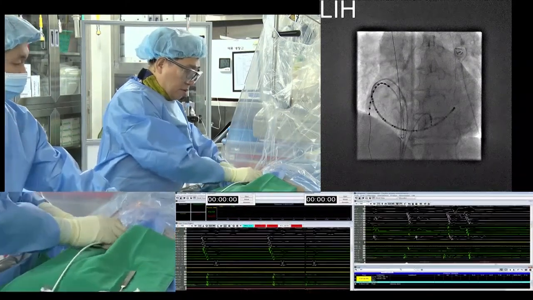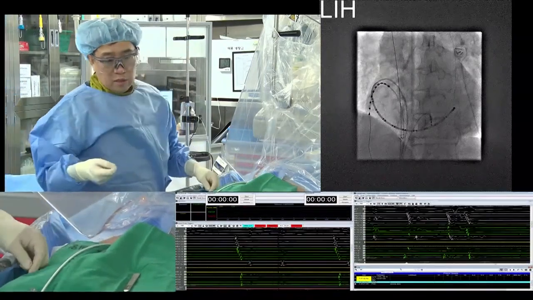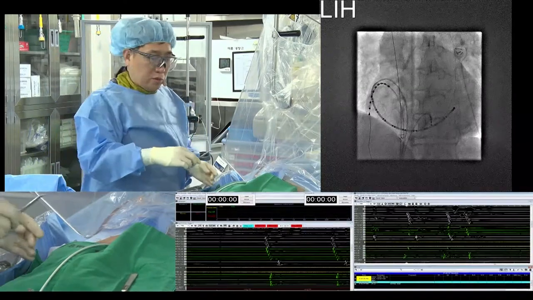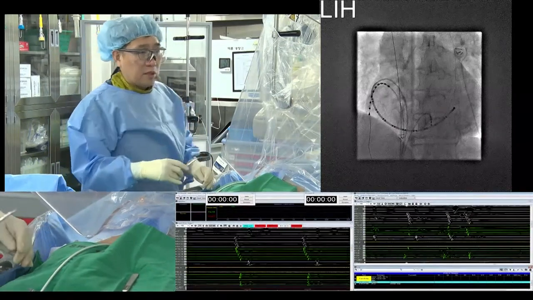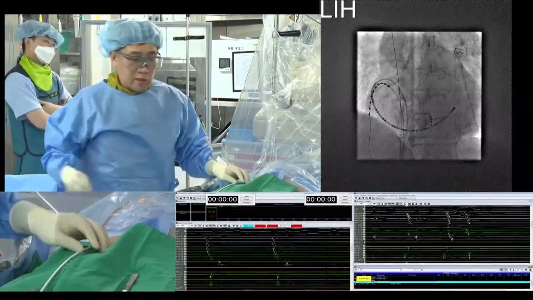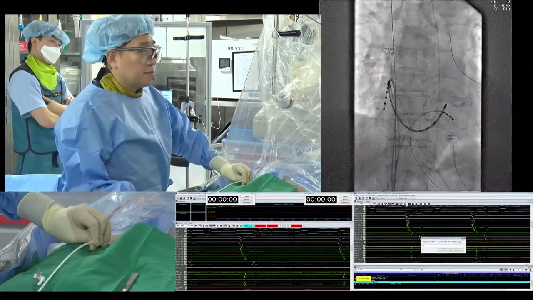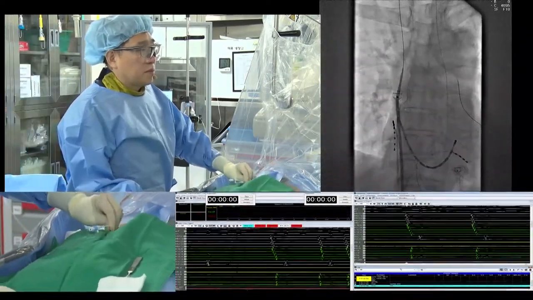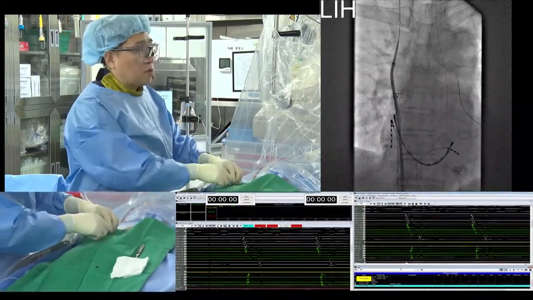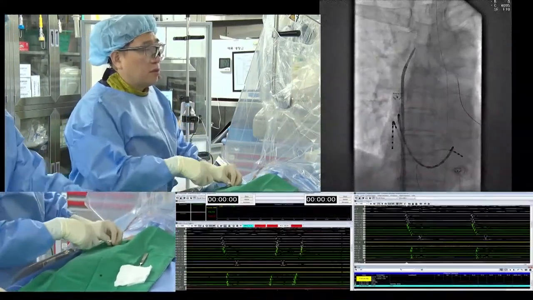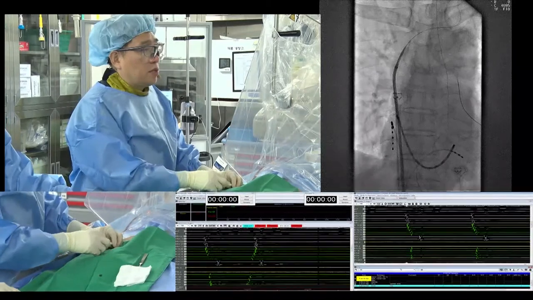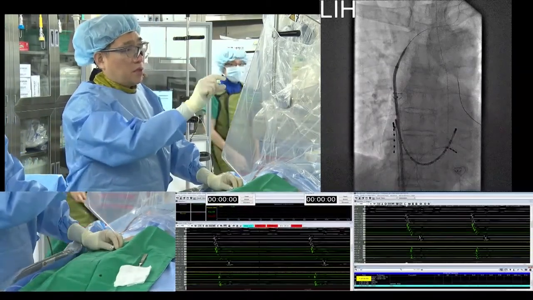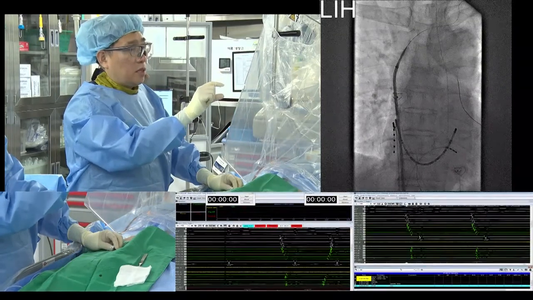Because the tip of the transseptal sheath is made of rubber, if you push it more vigorously, you can damage the sheath tip. Then it is hard to pass the transseptum. So if you feel some resistance on the skin, you can dilate it with a mosquito clamp. And now the transseptal sheath is already inside of the innominate vein, and remove the guide wire.